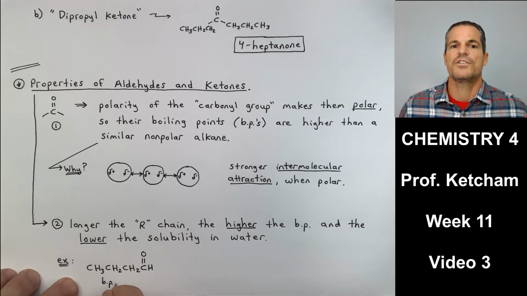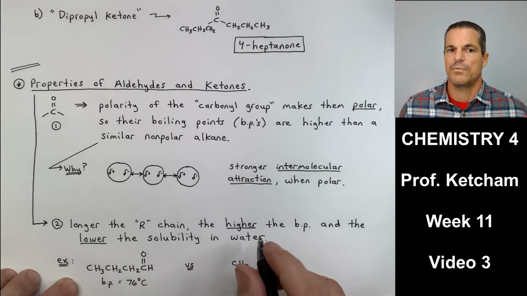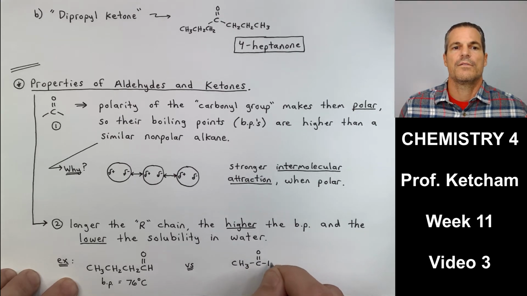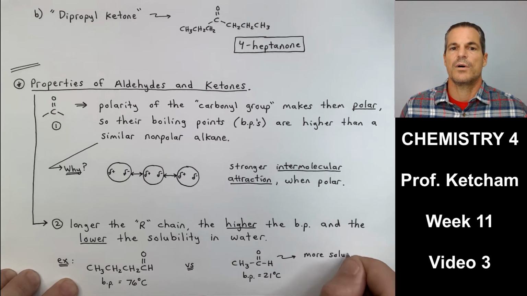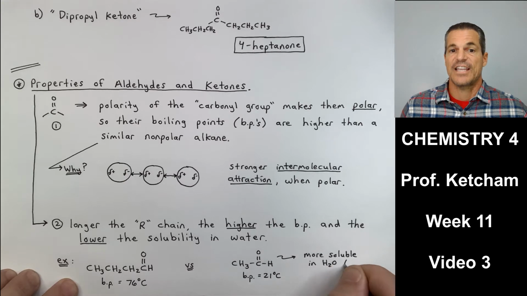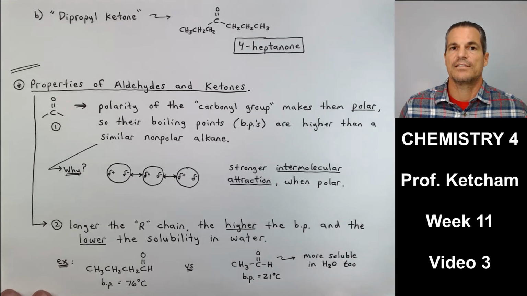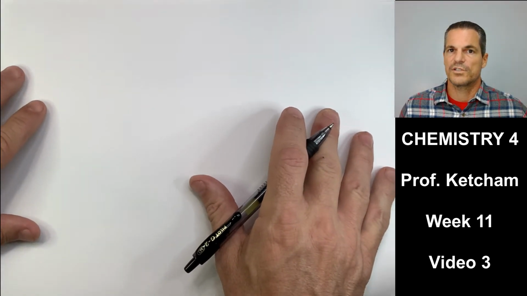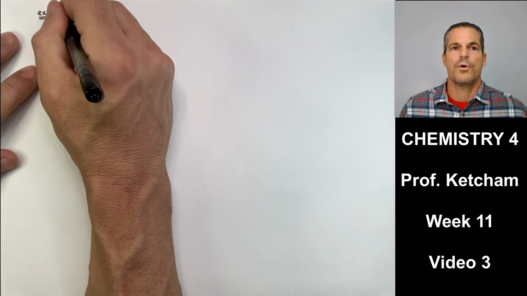So the longer the R chain, the higher the boiling point, and the lower the solubility in water. The first one I've drawn there is butanal. The second one here is ethanal. So ethanal has fewer carbons, it's more soluble in water, and its boiling point is lower.